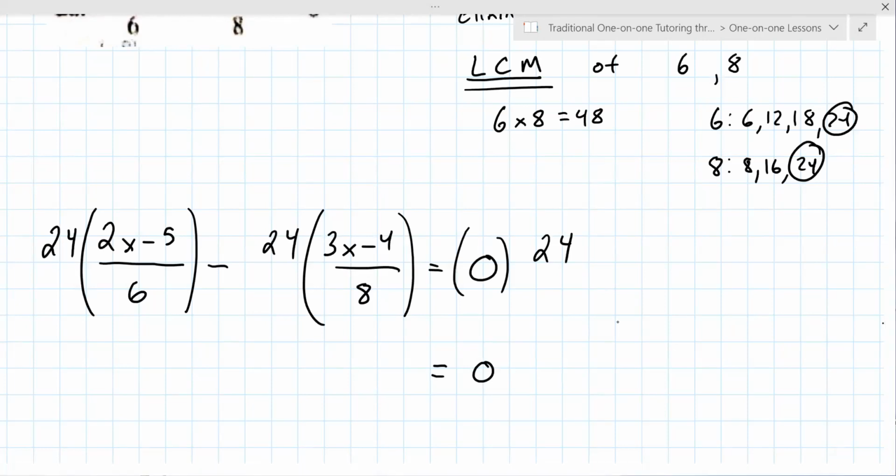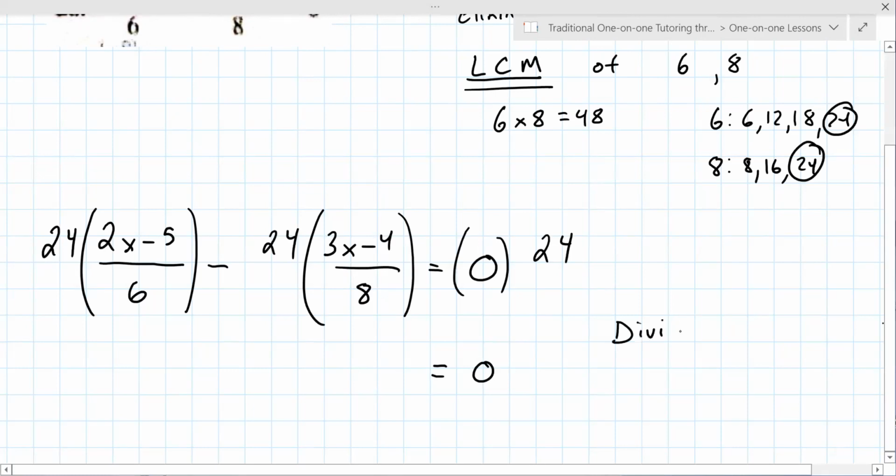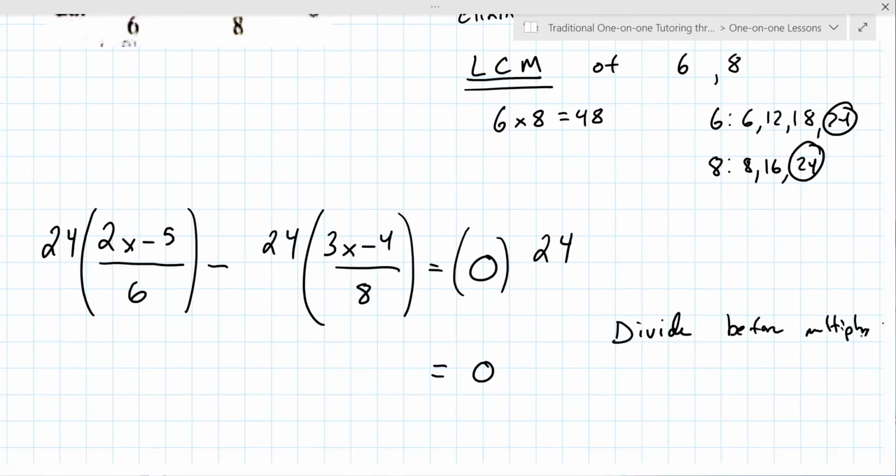Okay. So it's always better to divide before multiplying. You might wonder why that is. When you multiply, the numbers get large very quickly. When you divide, the numbers get small. Smaller is easier to multiply, add, subtract, everything.